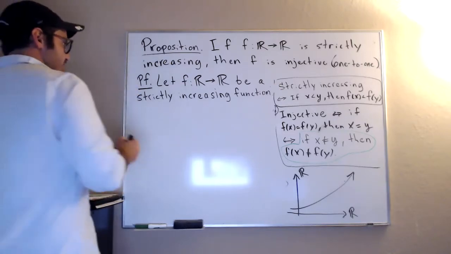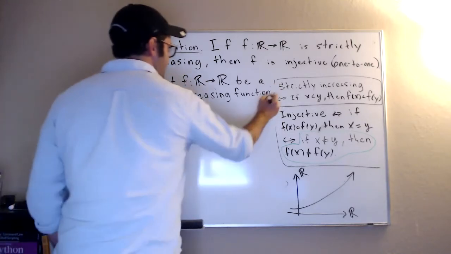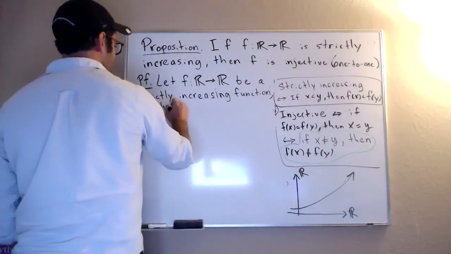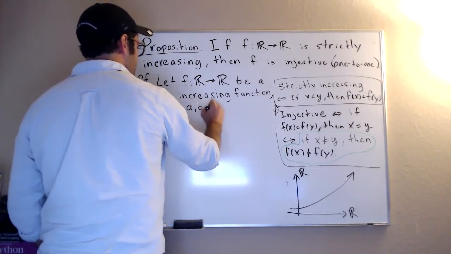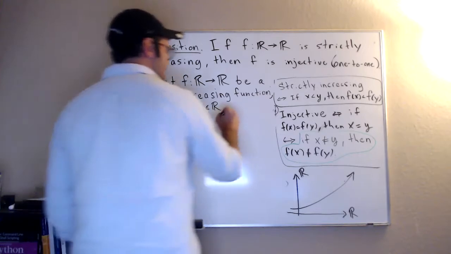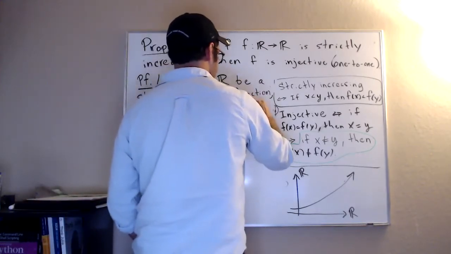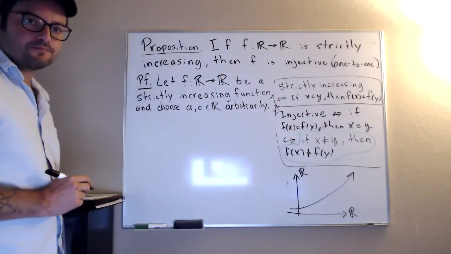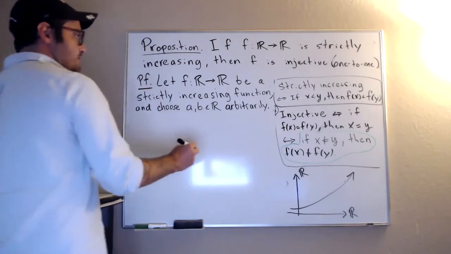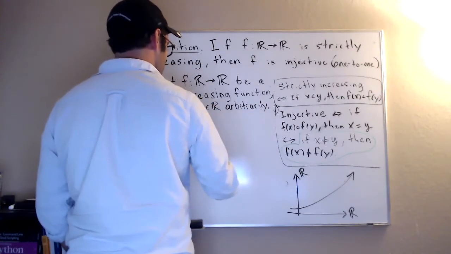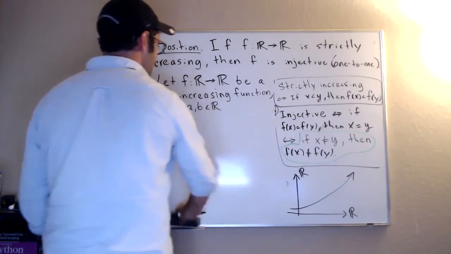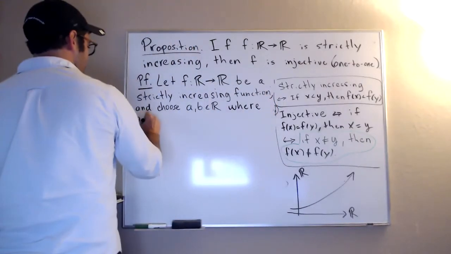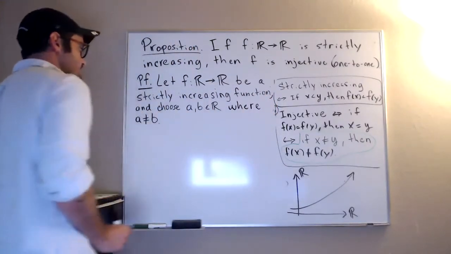So then, as we did before in the scratch work, comma, choose A and B in R where A is not equal to B.